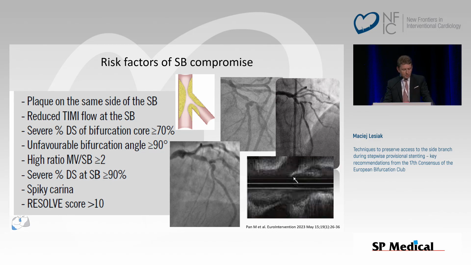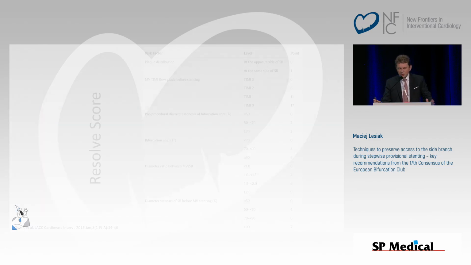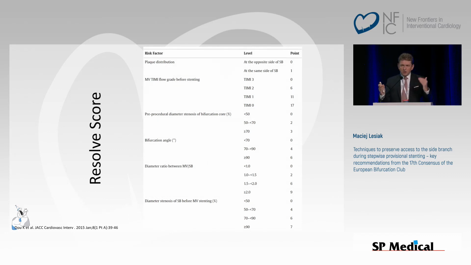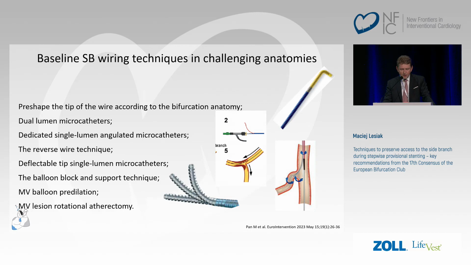You can also use the RESOLVE score, which is nothing else than putting all the features together: plaque distribution, TIMI flow, diameter stenosis, bifurcation angle, the ratio of diameters, as well as the diameter stenosis of the side branch itself. Of course, the higher the stenosis, the greater the risk of side branch compromise after main vessel stenting.